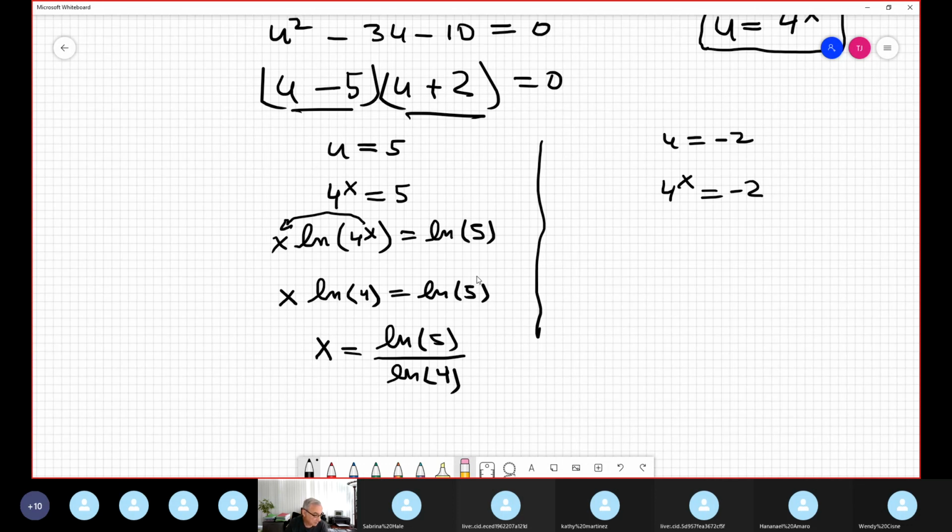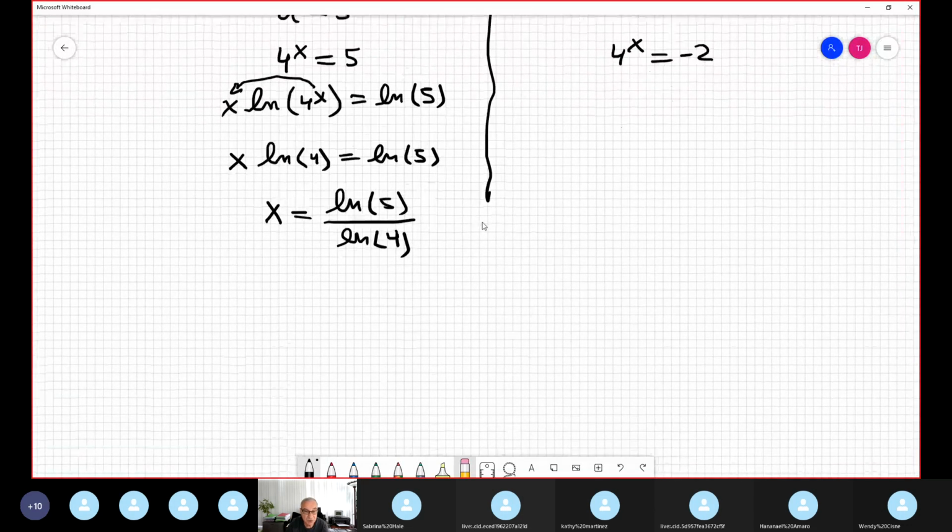Now you put it in the calculator, round to 4 decimal places, and we have approximately, that symbol indicates approximation, 1.1609.